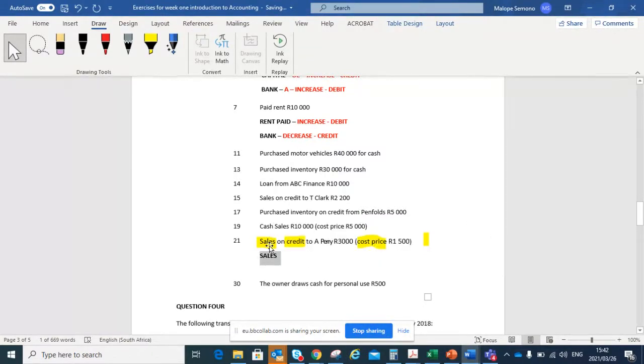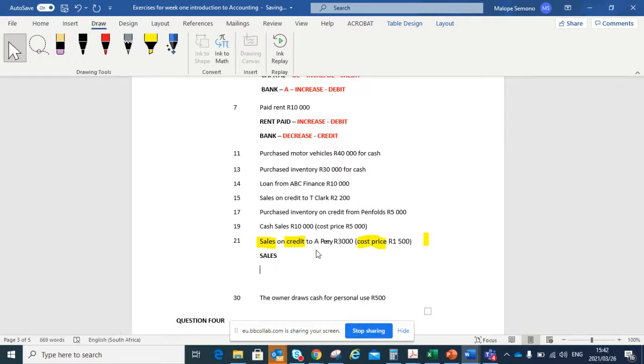The second account: if you sell, you must always ask yourself, how did you sell? In this case, we sold on credit to A Perry. It means A Perry is our debtor, so the other account will be debtors control.